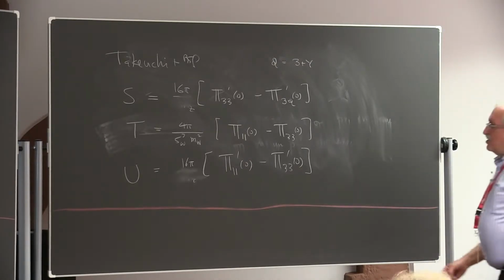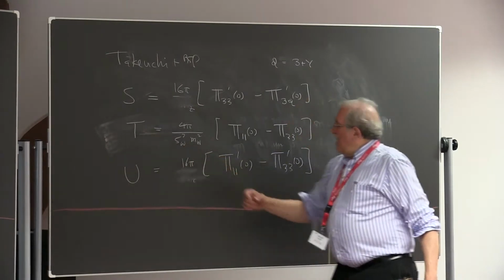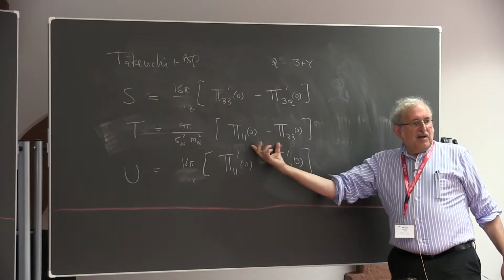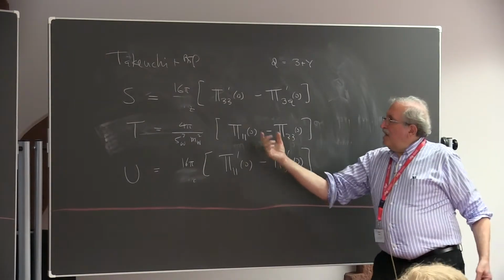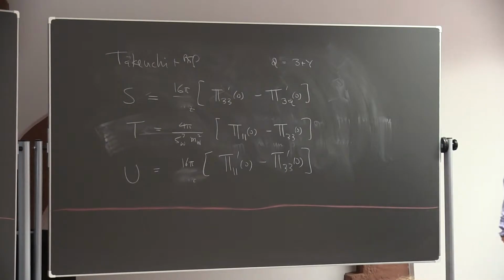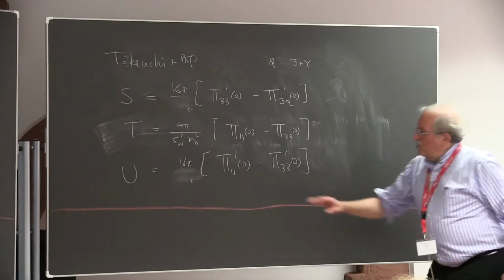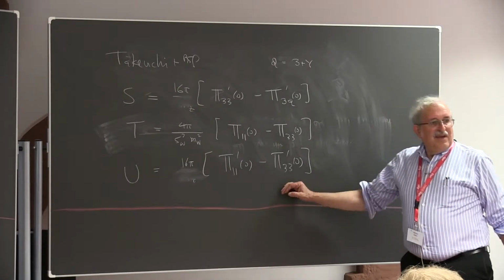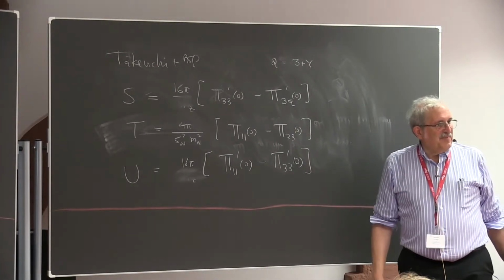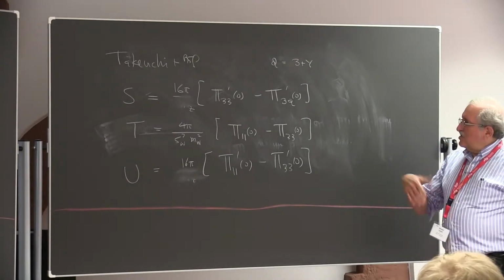Let me just notice that T has to do with isospin breaking by new physics. S has to do with the q squared over m squared term. That is to say, the bulk of new physics that contributes in the vacuum polarization diagram. U has both effects. And so if this is small and this is small, U should be doubly small. And in fact, in most models, that's the way it works.